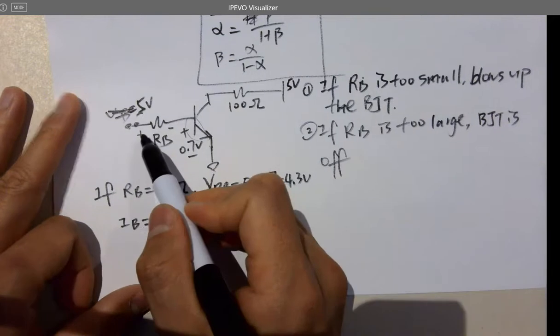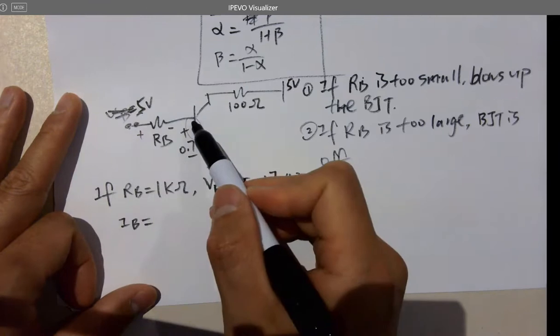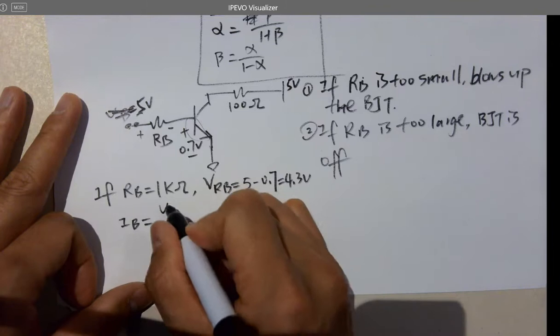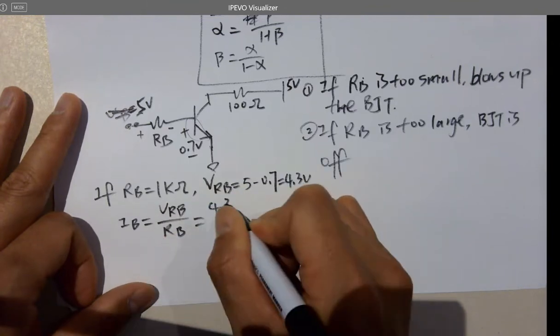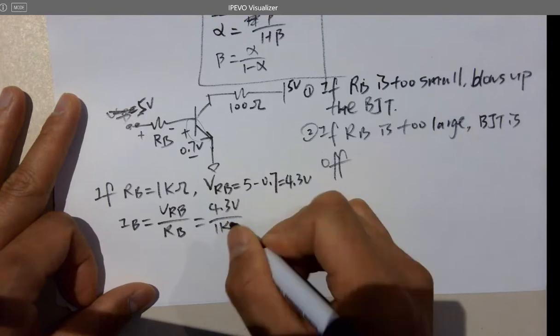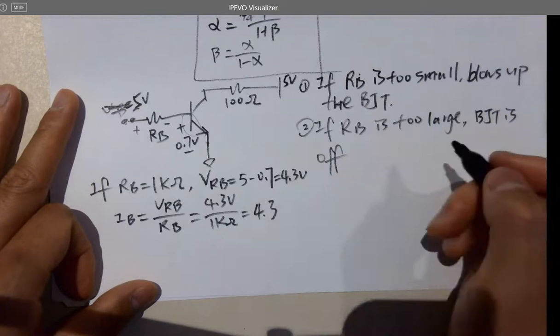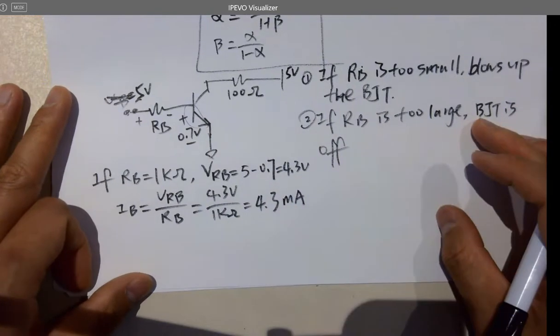The current that flows through RB is IB because there's only one branch. IB equals VRB over RB, which is 4.3 volts over 1K ohms, which is 4.3 milliamps. Okay?